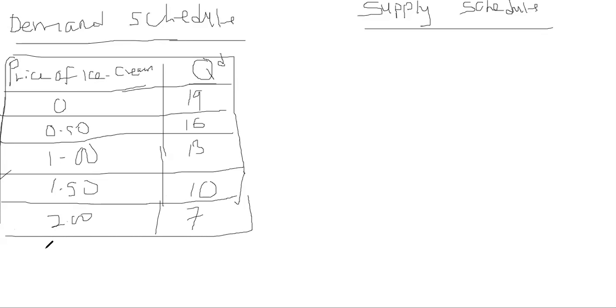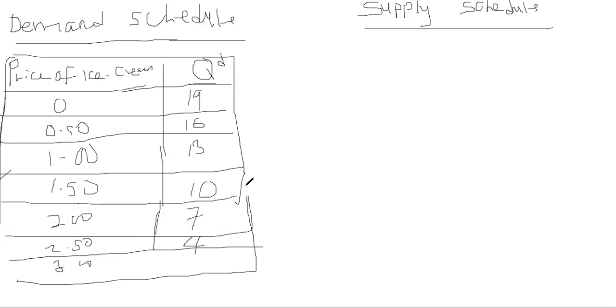At the price of $2.50, the quantity demanded was 4. And at the price of $3, the demand was 1.